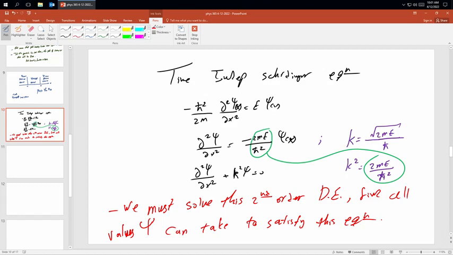So we must solve this second order differential equation for psi to find out what it takes to satisfy this equation. Okay?